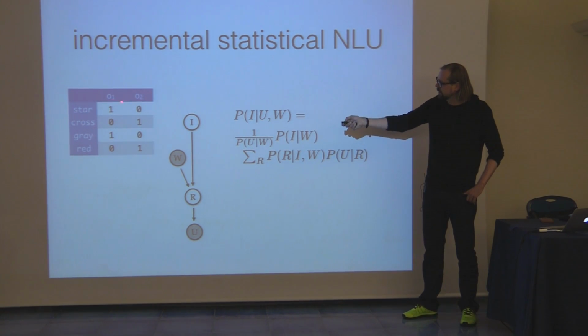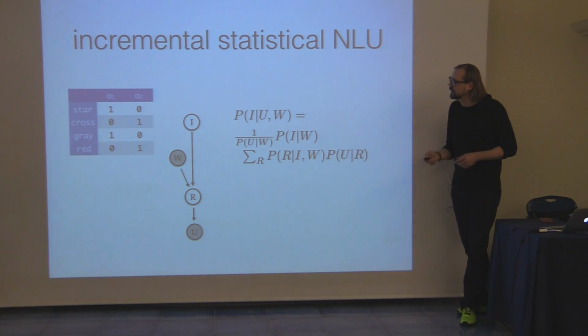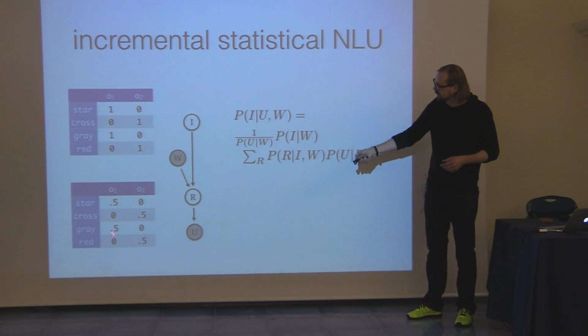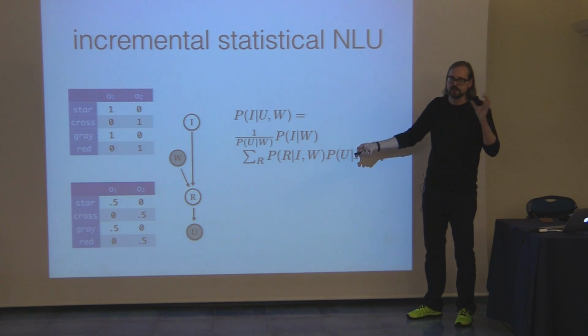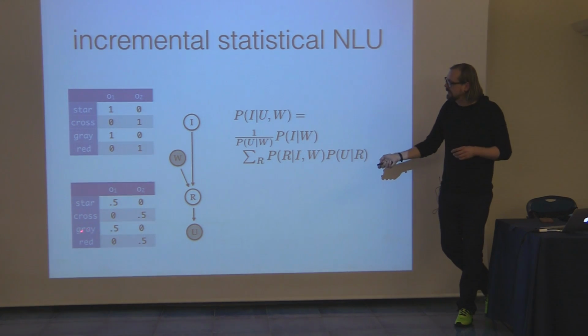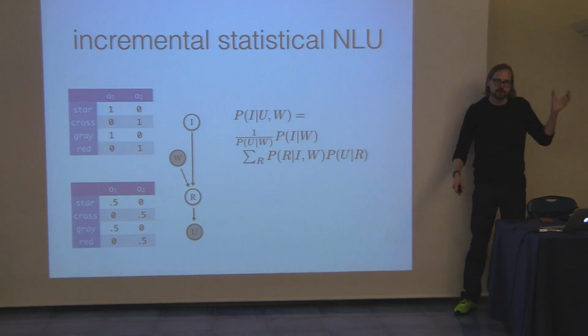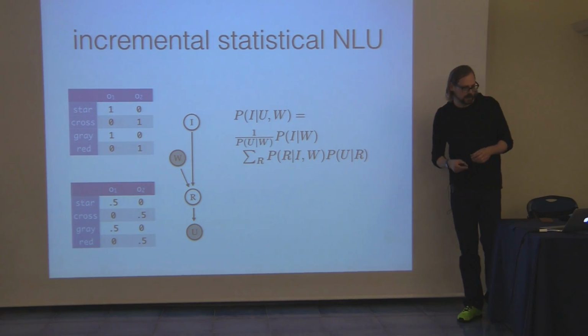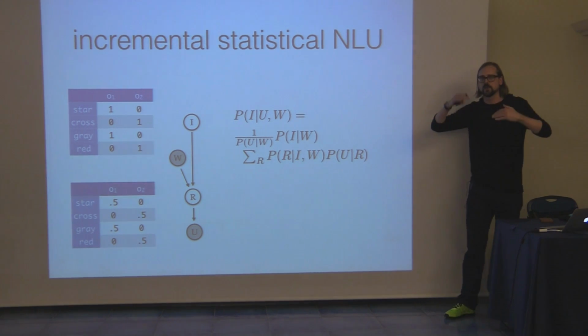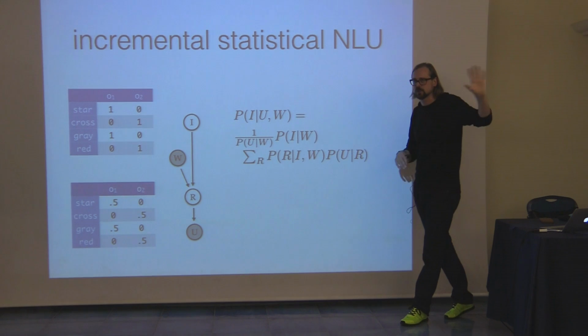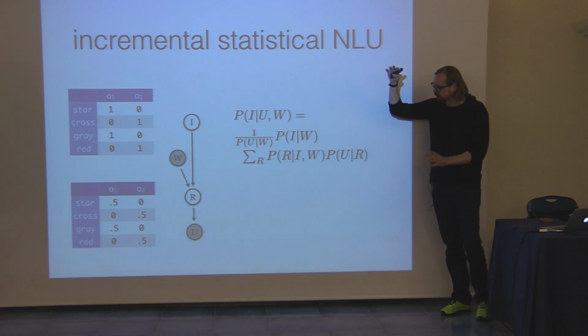So with a one hot type encoding here, we just normalize and we say, okay, if I want to talk about object 1, then with 0.5 probability I will somehow verbalize the property that it's star-shaped, and I will verbalize the property that it's gray. Note that we don't make any typing here. We don't type the properties into shapes and colors. They're all just meshed together.